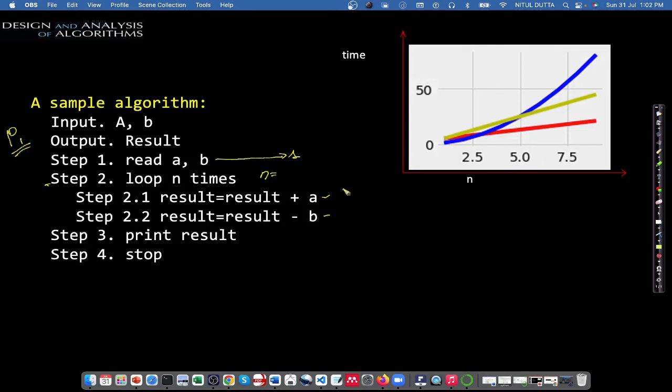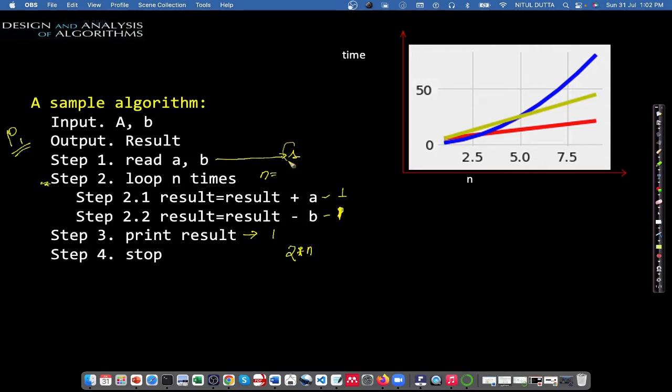Each takes 1 unit time, so altogether 2 unit times are taken, and it executes n times because of the loop. After the loop, there is one more statement, step 3, to print the result.